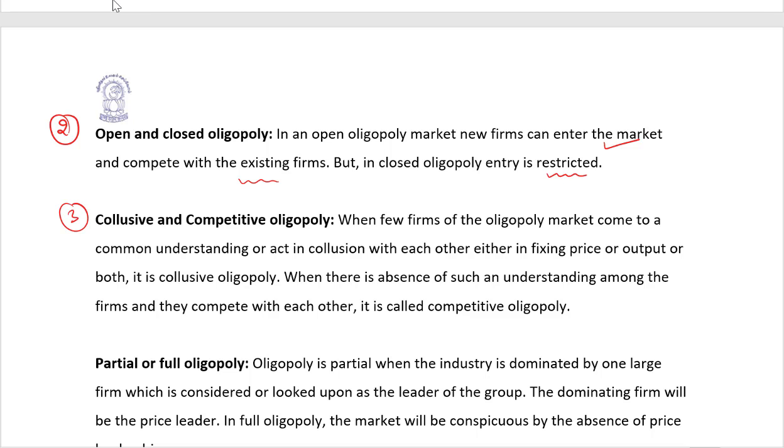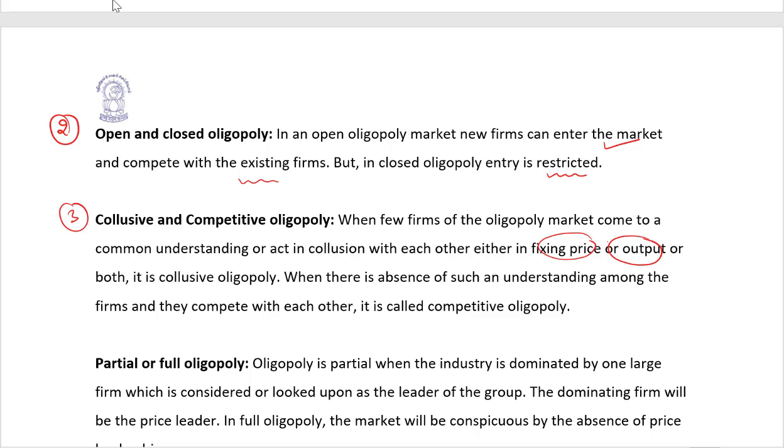The third type is collusive oligopoly or competitive oligopoly. What is a collusive oligopoly? A few firms of the oligopolistic market come to a common understanding, or collusion, with each other in fixing the price and output. So they fix the price and they also fix the output. This is known as collusive oligopoly.